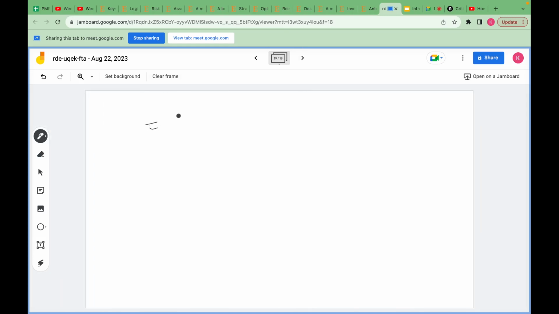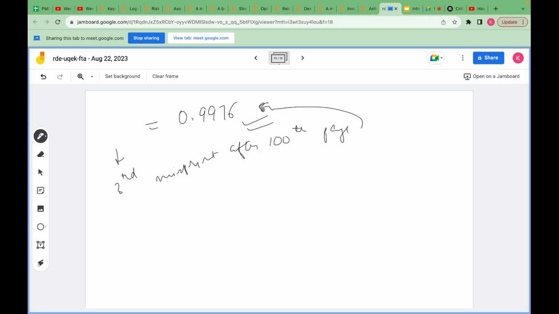So solving this, the probability comes out to be 0.9976. So this is the probability that we will get the third misprint after the 100th page.